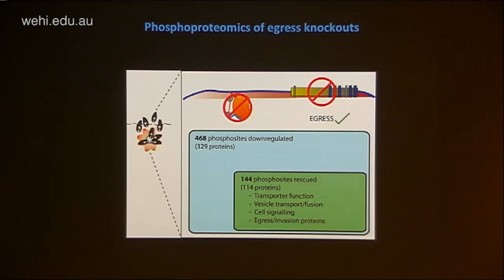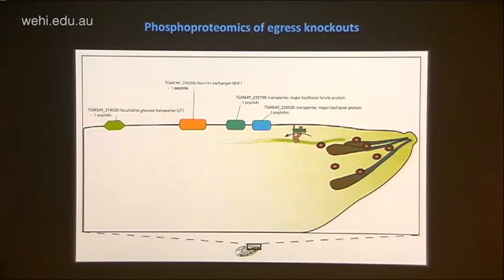And these corresponded to 4 main groups, including proteins with transporter function, vesicle transport, cell signaling, and also proteins which are already known to be involved in egress and host cell invasion. So looking at those which have transporter function, we're able to characterize phosphosites from a couple of major facilitator family transporters.